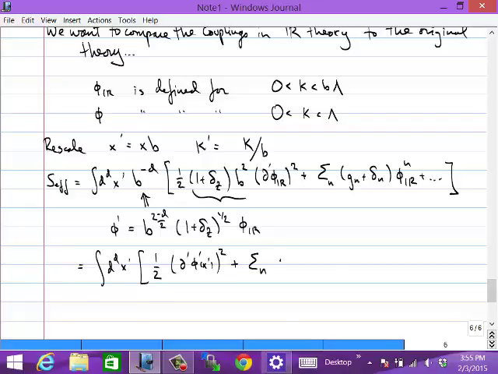And then we'll just call the coefficient of the interaction term G_n prime.